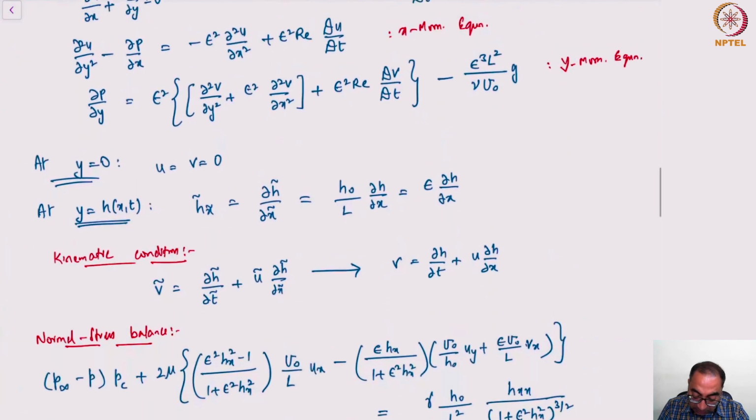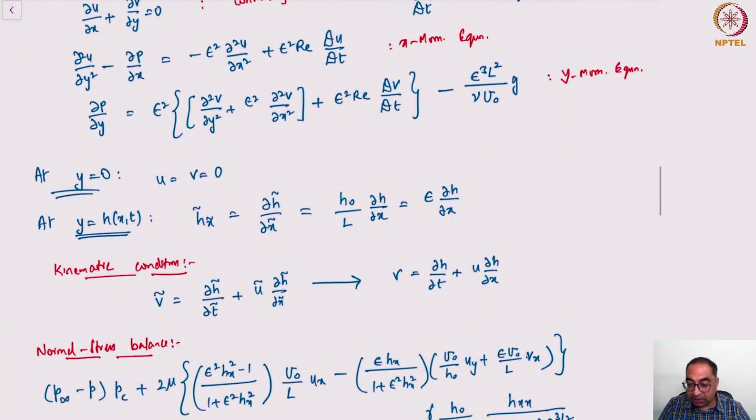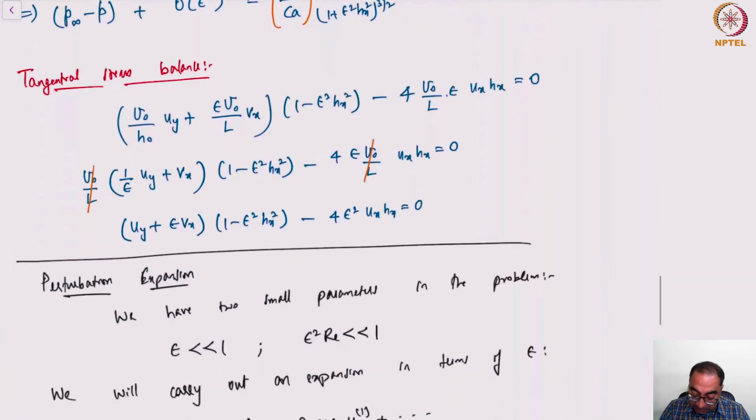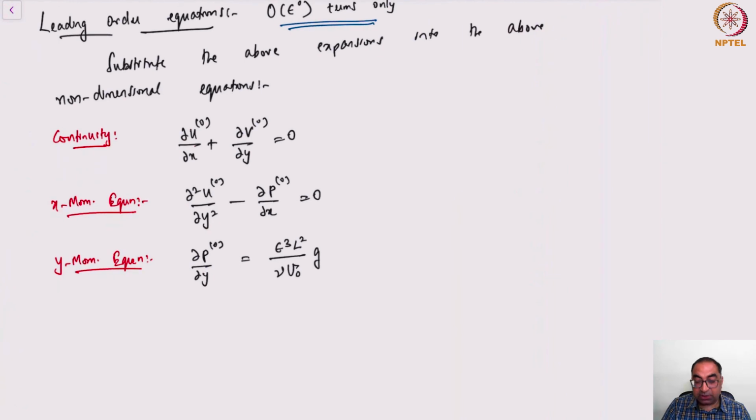So we have written down all the equations. Now, just like the argument that I gave for the normal stress balance, where we had the capillary number, we have the same requirement even here. I have not removed this gravity term because at this point I do not know the exact value of this non-dimensional quantity. Epsilon cube is compared now to this new quantity, which is L square into g by nu u naught.